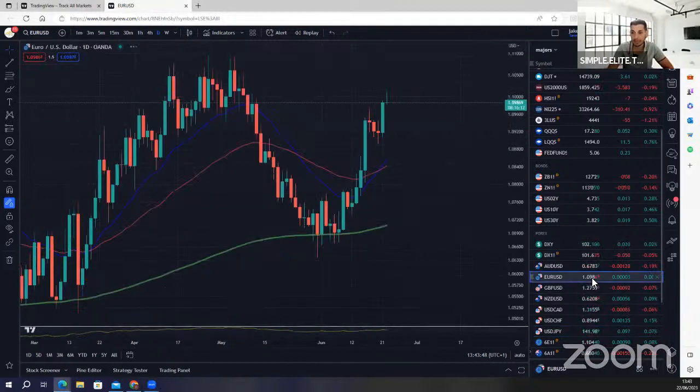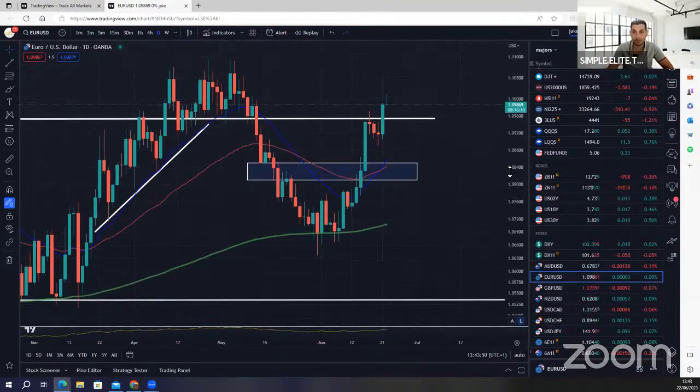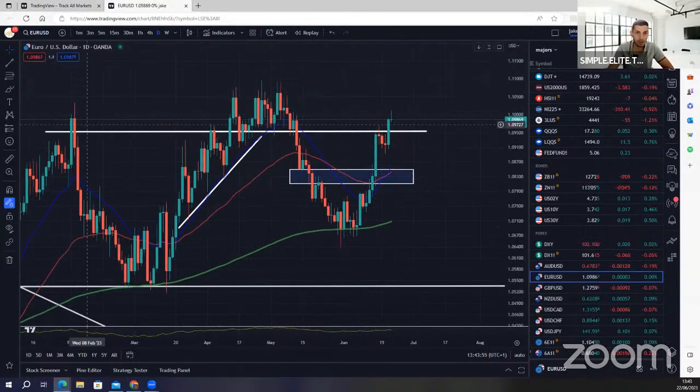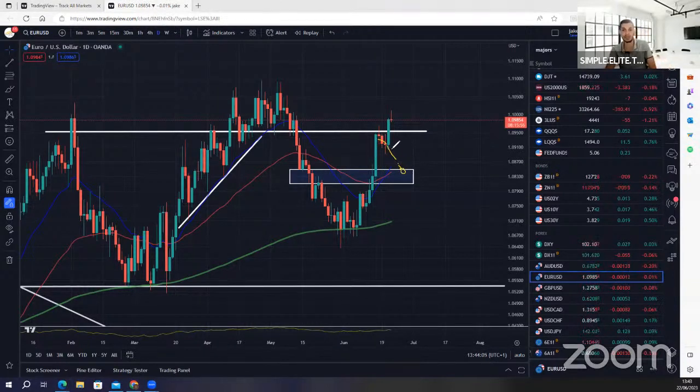Okay, let's start with the euro dollar. Why I'm buying: yesterday, as I said, I wanted to see some price pullback here, but actually it didn't. That's why we had the entry yesterday on the euro dollar.